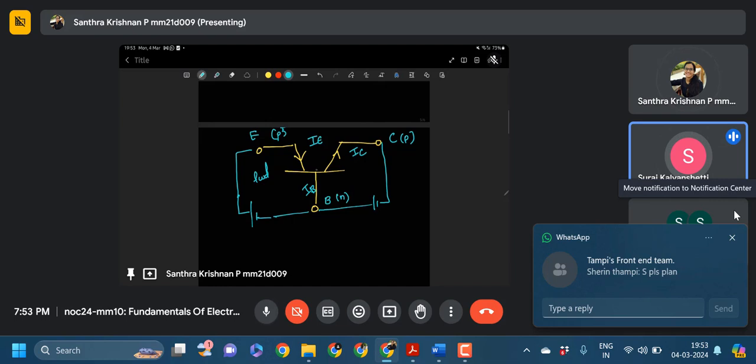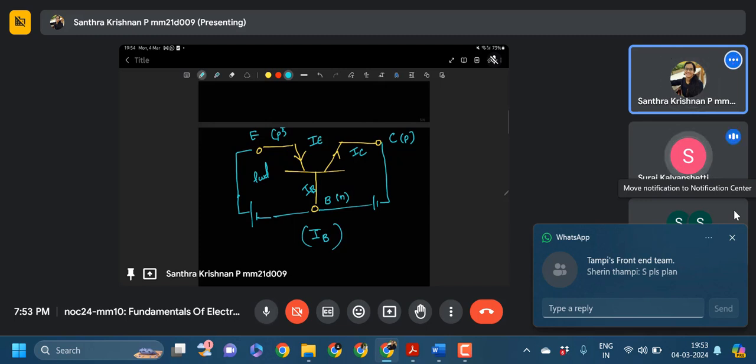Holes, yeah. Some amount of recombination will take place. That constitutes IB. Basically, the remaining passes through. So it again goes to the P region.